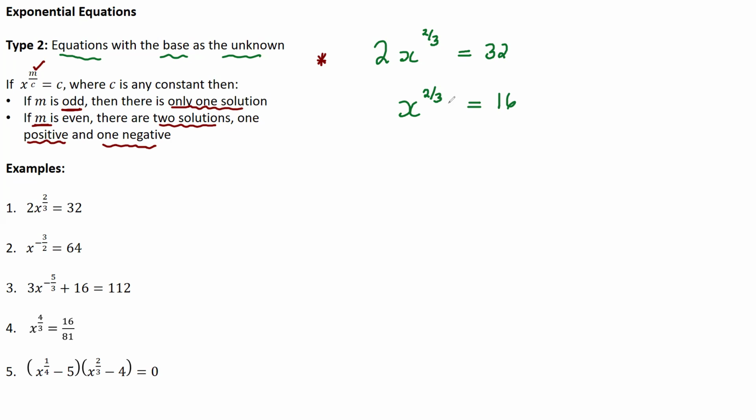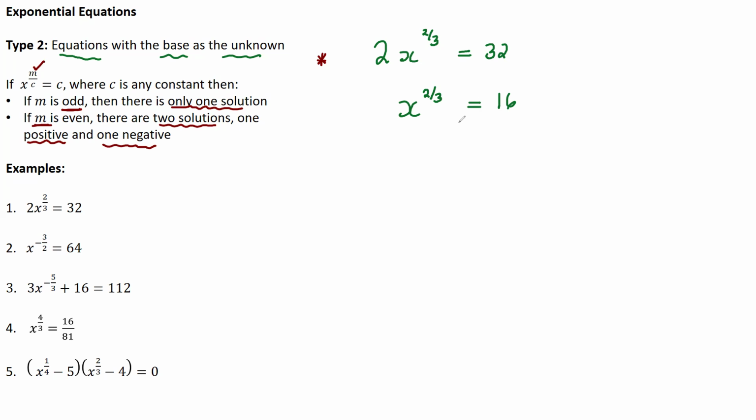But how do I get the x then? Listen to me and listen carefully. You power both sides by the reciprocal. So it's x to the power 2 over 3 is equal to 16.